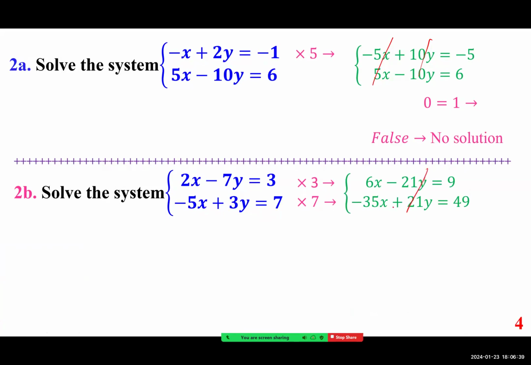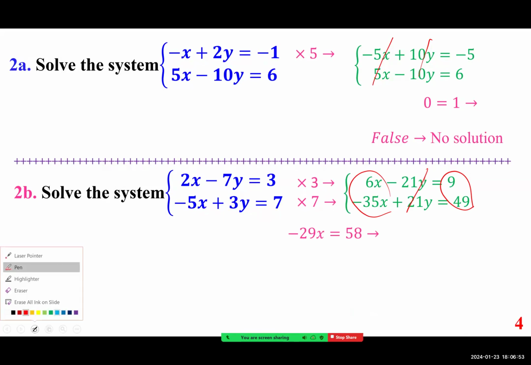These two cancel each other. These two add up to negative 29x, and these two add up to 58. Divide both sides by negative 29, x becomes negative 2. Now, we are going to use one of the original equations.